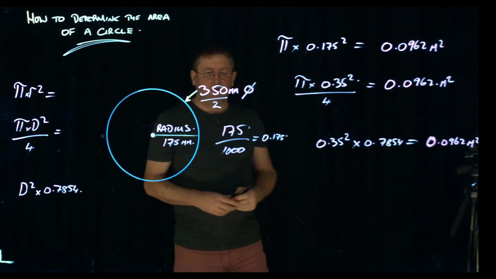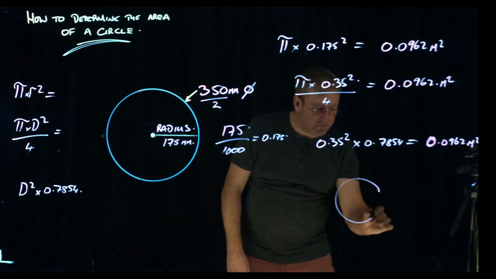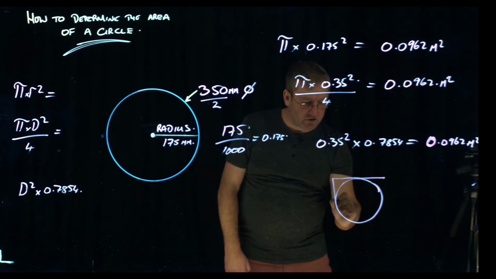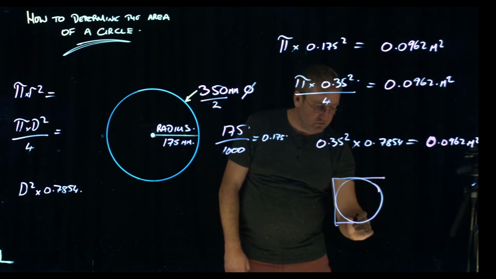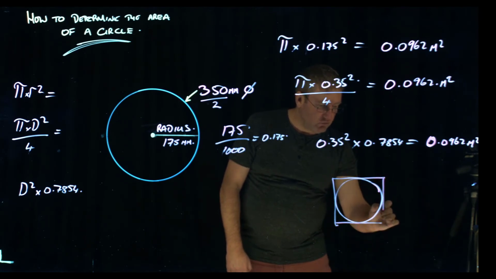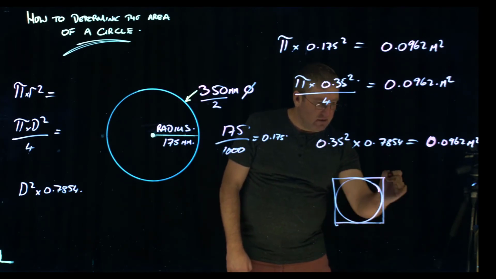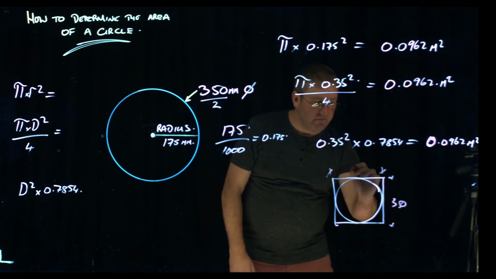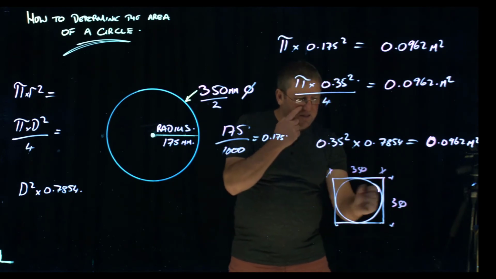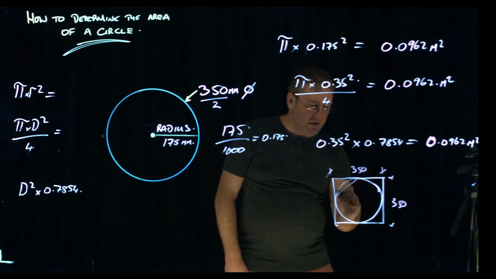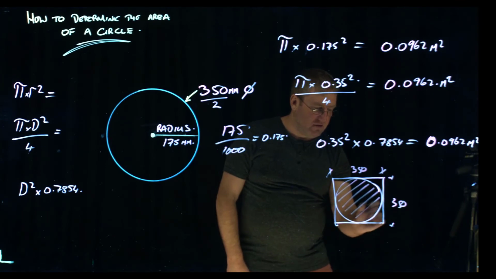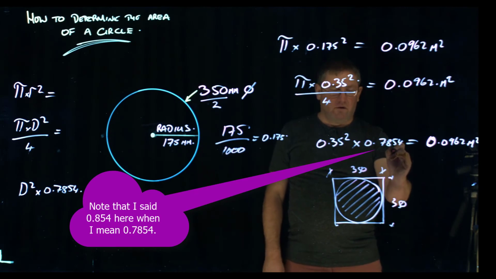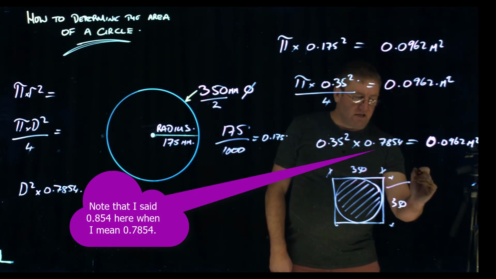So if you look at that, if we have a circle at 350 millimeters diameter and we put that inside a square that touches all 4 sides, which means that that face is 350 and that face there is 350, this area in here actually takes up 0.7854 of that square.